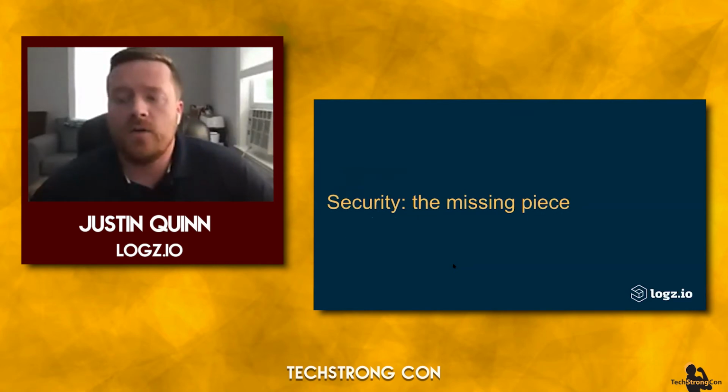I know we've talked about so far how to gain observability, the three pillars of observability with logs, metrics, and traces. But one thing that people usually leave out of observability is security. Many engineers will focus on just writing the code, and they'll have others focus on security after the code is written.